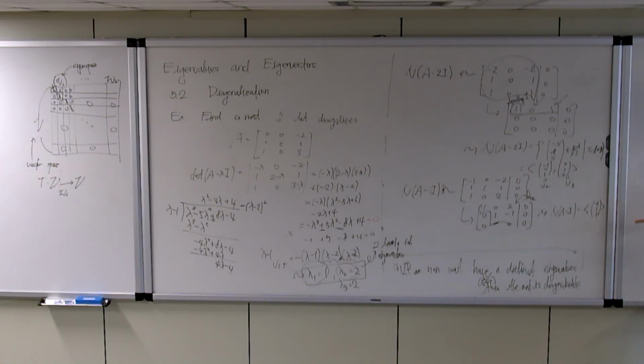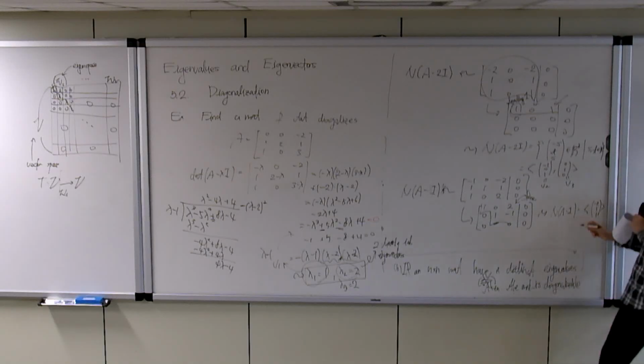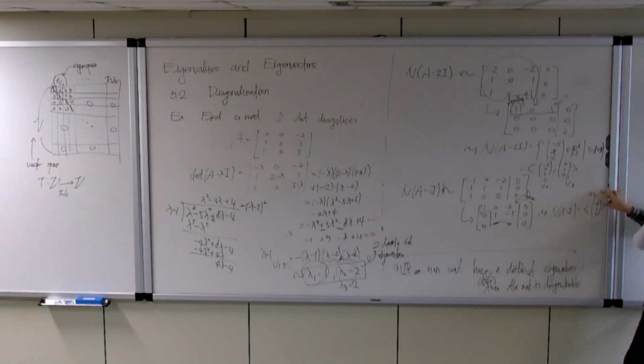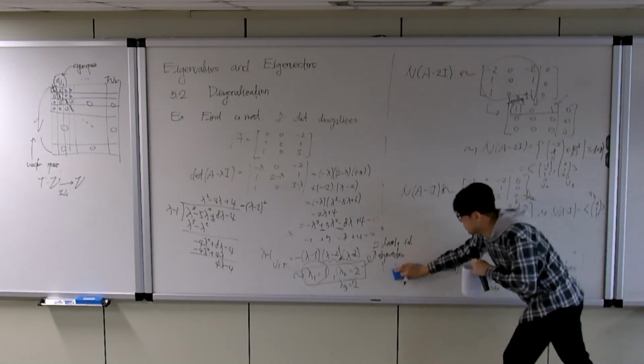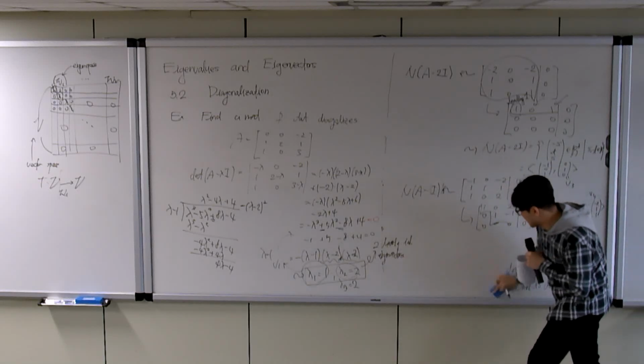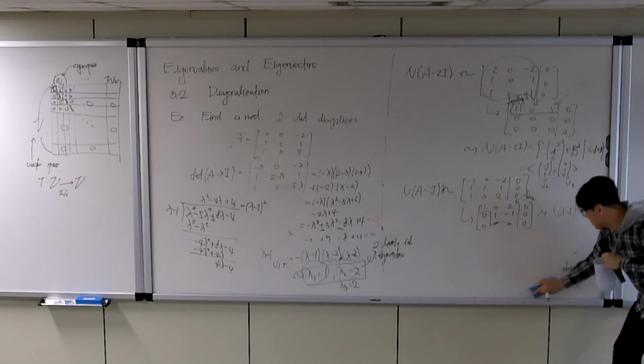So lambda 1 was 1, lambda 2 was 2, and the v3 vector also came from the eigenvalue lambda 2. So it could be written in diagonal matrix form. And let's see more examples.